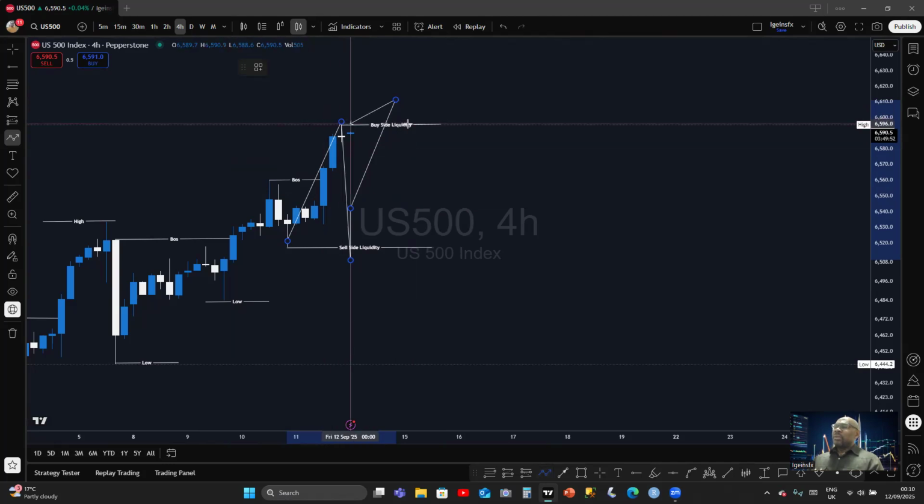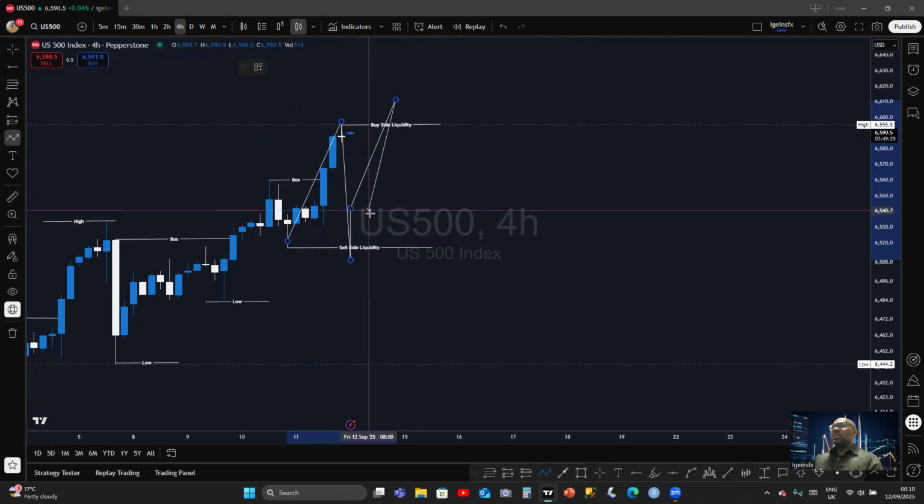We have buy side liquidity and we have sell side liquidity. If price is pushing to the downside, the target is always the sell side liquidity. Otherwise, once it finds support before it gets to this level, it will turn and start going to the upside.